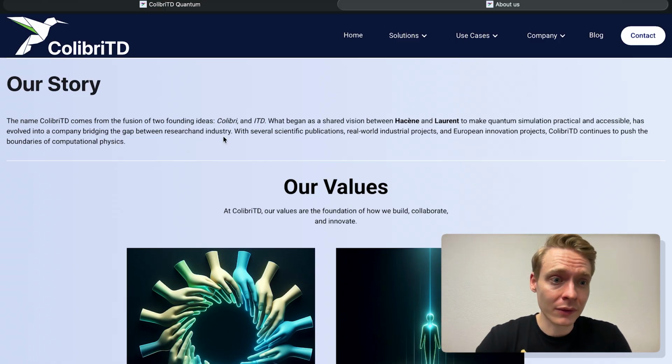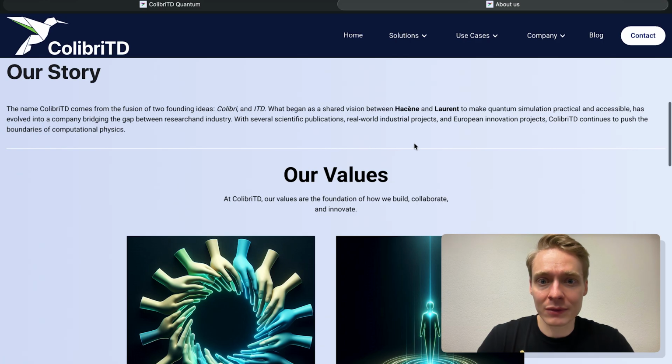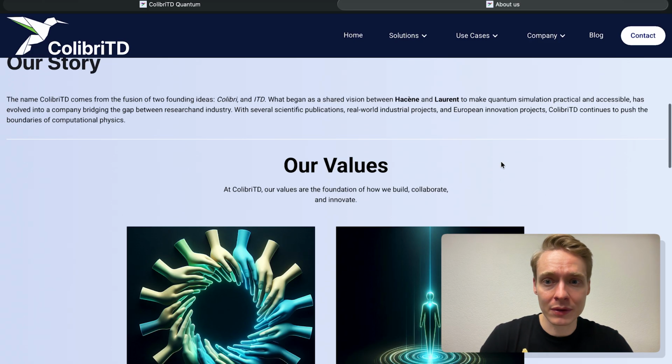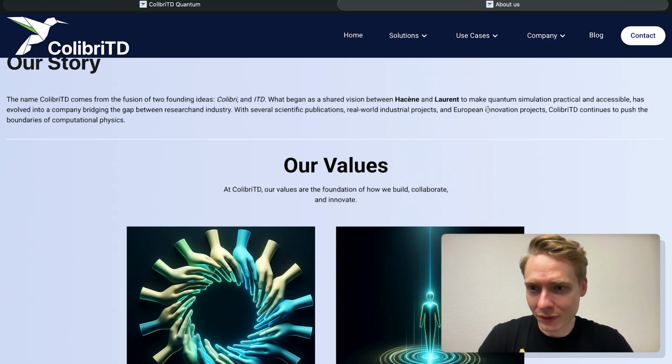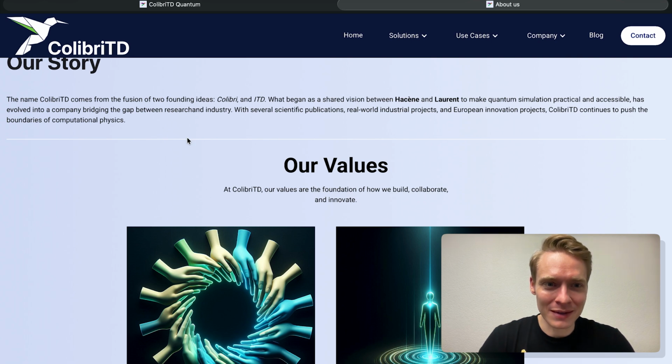The story: the name ColibriTD comes from the fusion of two founding ideas, Colibri and ITD. What began as a shared vision between Hannes and Laurent to make quantum simulation practical and accessible has evolved into a company bridging the gap between research and industry.